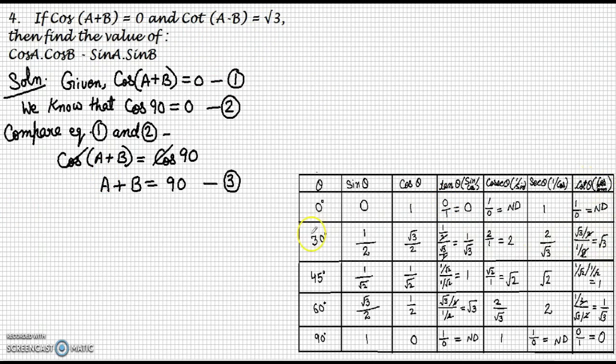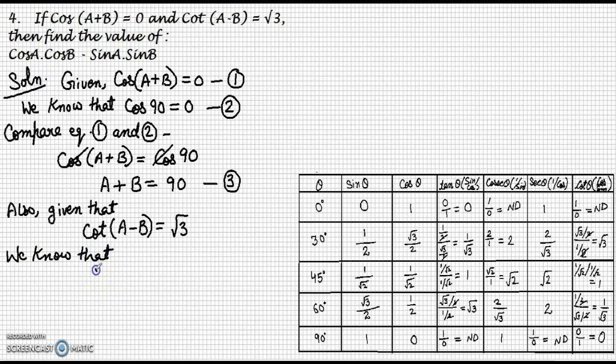Now we have got another condition which is given to us, that cot A minus B is root 3. So it is given that cot A minus B is root 3, and we know that cot theta is root 3 when it is 30 degrees. So cot 30 is root 3.